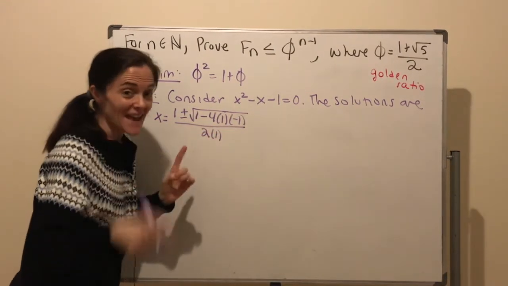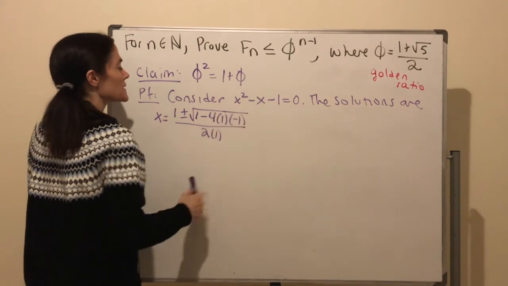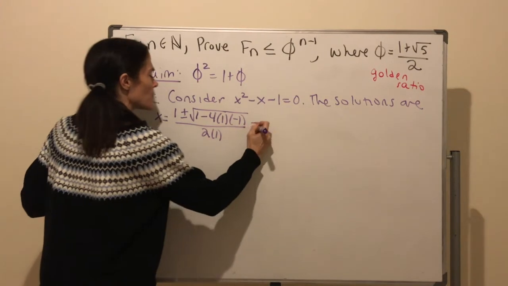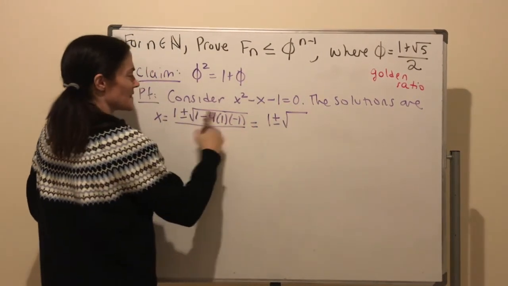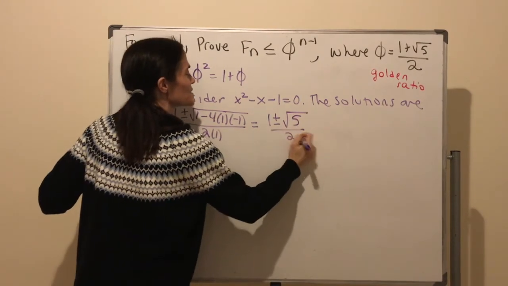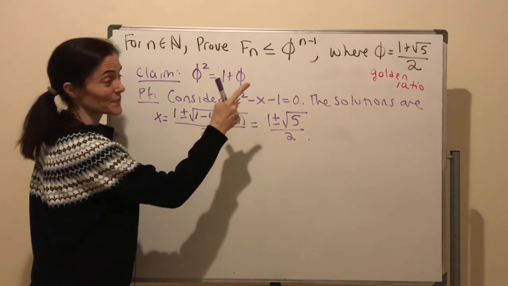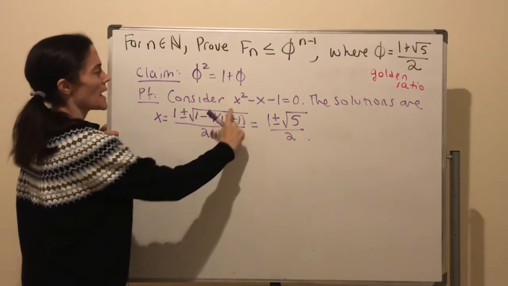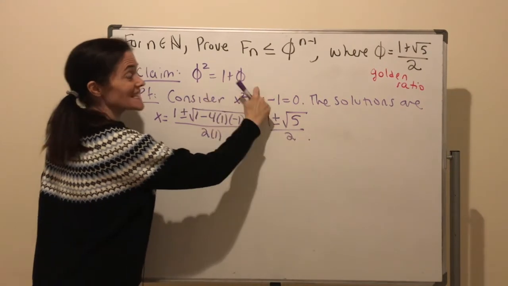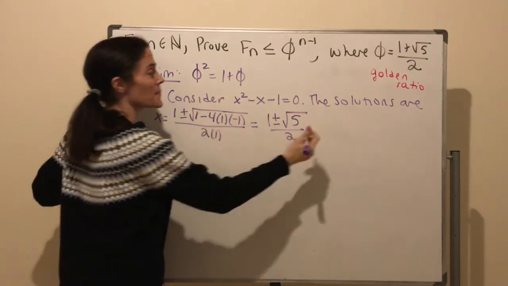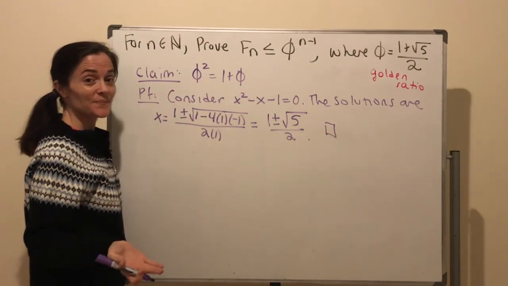That would be for ax squared plus bx plus c, but I wrote this out with our particular coefficients. And if we just simplify this, this is 1 plus or minus the square root of 5 over 2. And you see, one of these is phi, this golden ratio, and in particular that says phi squared minus phi minus 1 is 0. It's exactly the same as this claim. So we have proven the claim.